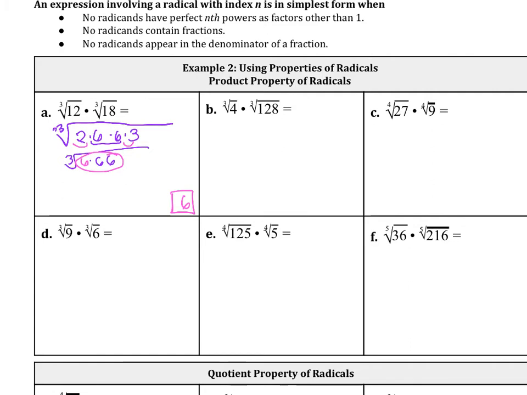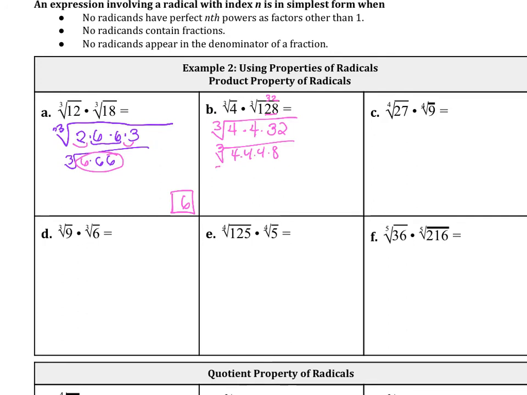Let's try this one: the cube root of 4 times the cube root of 128. Again, I can multiply them together, putting them all under the same radical. But let's break down 128. 4 goes into 128 because 4 goes into the last 2 digits, and it goes in 32 times. So 4 times 32, and 32 is 4 times 8. I like that because now I have 3 4's.